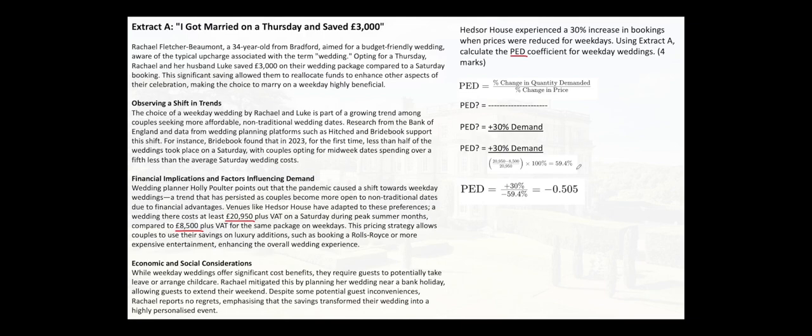You're still going to get 4 marks. If you rounded it to 0.51, it's still correct. You're going to get full marks. If the question says to 3 decimal places and you round it to 1, you're going to lose a mark. Okay, make sure you read the question. So we've got that. Easy maths, very easy.